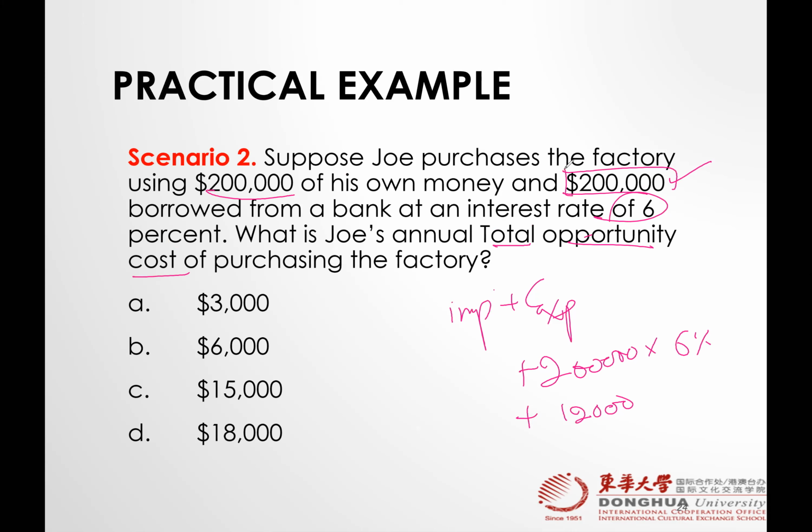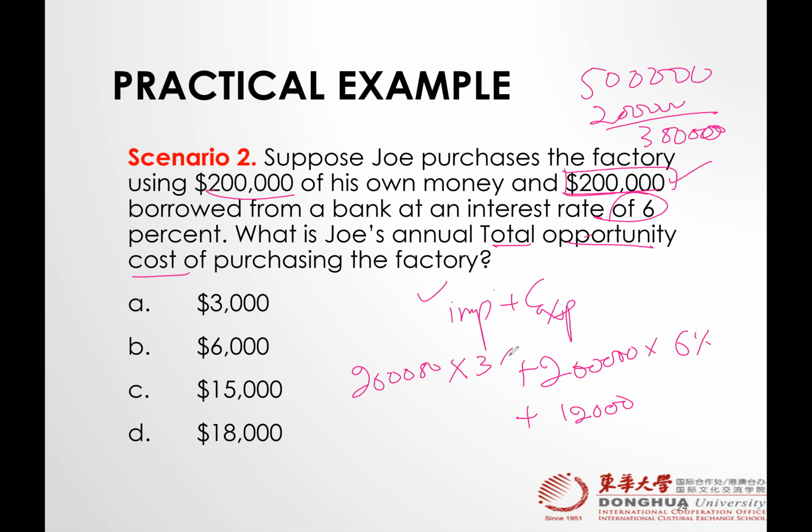Right? What is implicit? 200,000 he would be taking out from his bank account. In his bank account he has 500,000, right? So he has ample money, and 200,000 he would be taking out from his own personal bank, and he would be left with 300,000. So how much income does he lose? He would be earning 3%. Right?